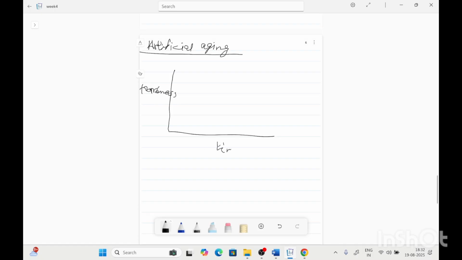Due to higher temperature, the hardness will vary according to this curve. This hardness increases, then there will be two peaks, and the highest peak is called the peak hardness value.